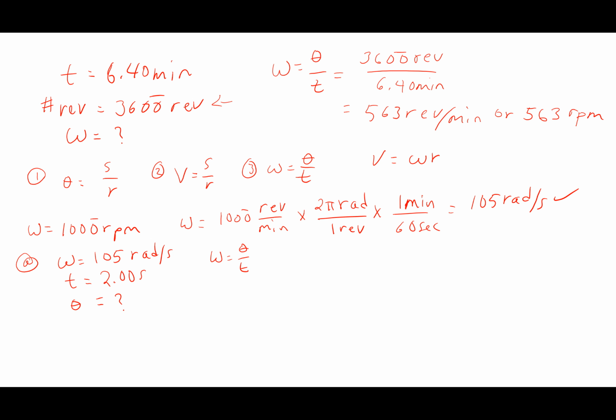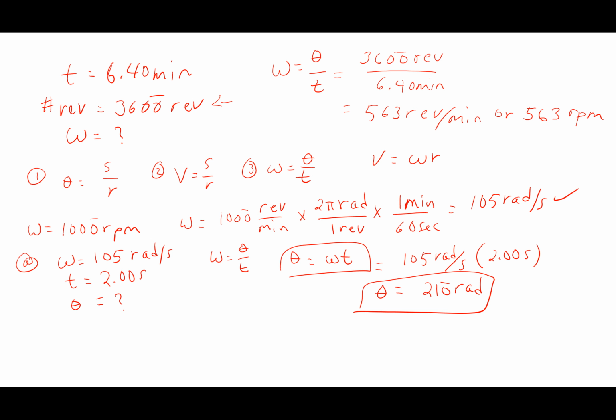Now we're solving for theta, so multiply t on both sides, and you get theta equals omega t. So we substitute everything we have here. Omega is 105 rads per second times t, which is 2 seconds, and that's going to give us 210 rads for theta.